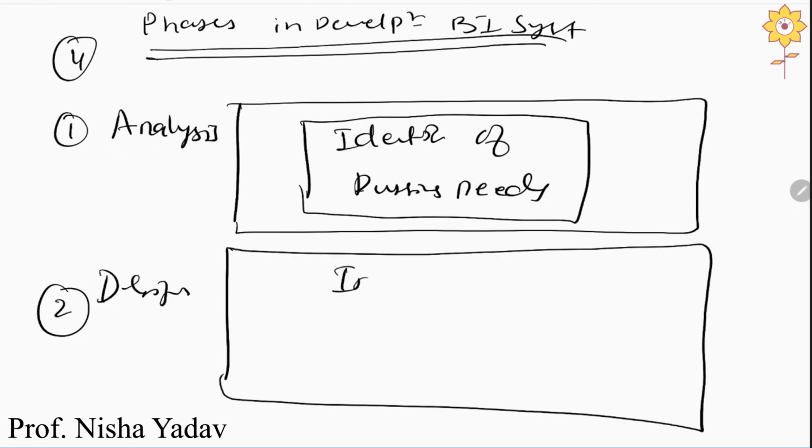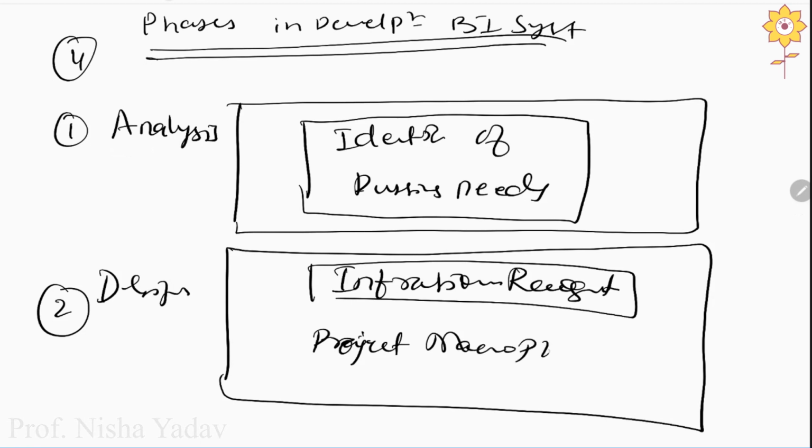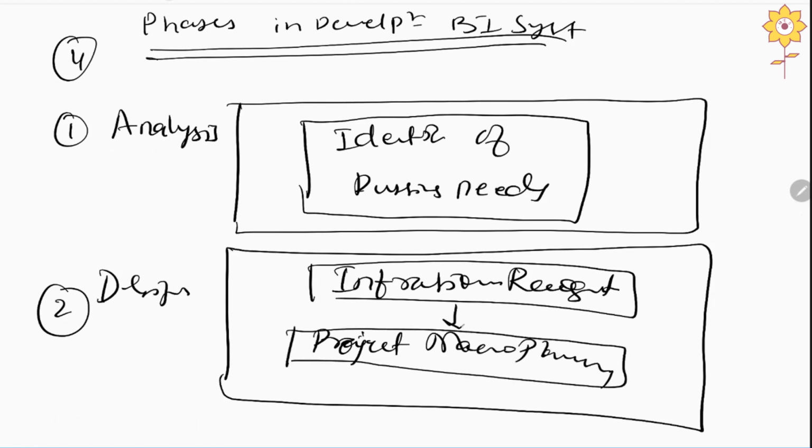The first one is infrastructure recognition, and the second one is project macro planning. So, these are the two main components involved under designing phase. These two phases are connected with one another.